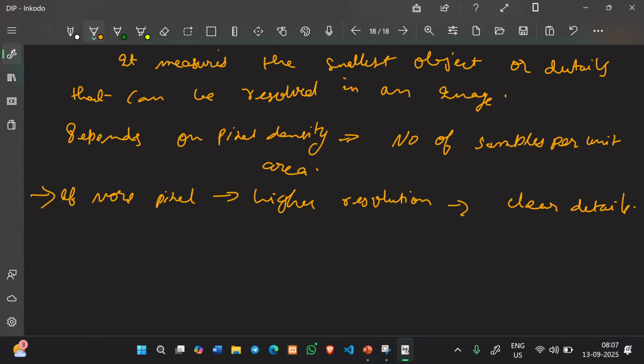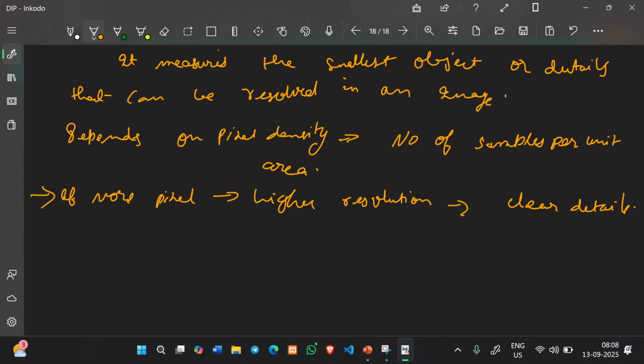Suppose you have 512 by 512 pixels and 128 by 128 pixels of the same scene. If you click a picture at 512 resolution and at 128 resolution, the 512 has higher pixel count, so it will give you sharper edges, while the lower one looks like a blurry image.